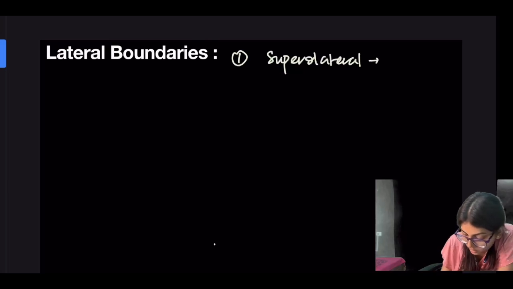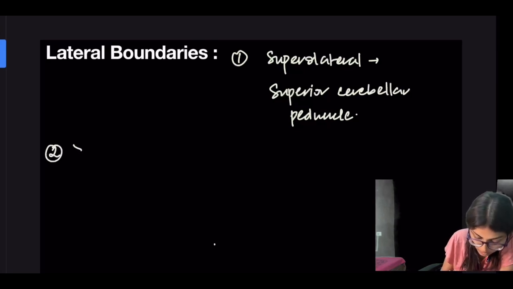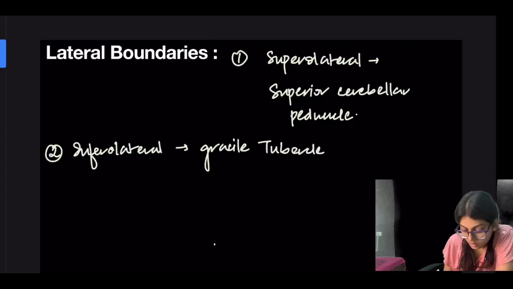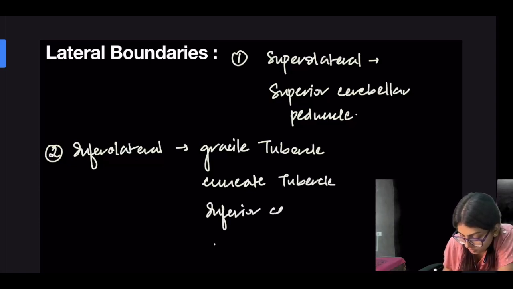First we see the superolateral boundary, which is made up of the superior cerebellar peduncle, and the inferolateral boundary, where we see the gracile tubercle, the cuneate tubercle, and the inferior cerebellar peduncle.